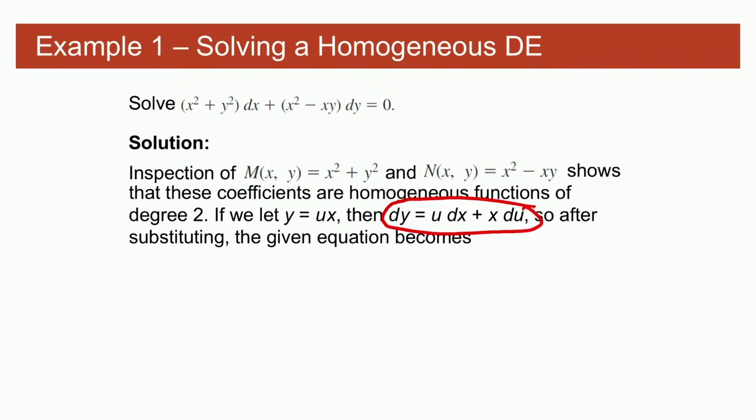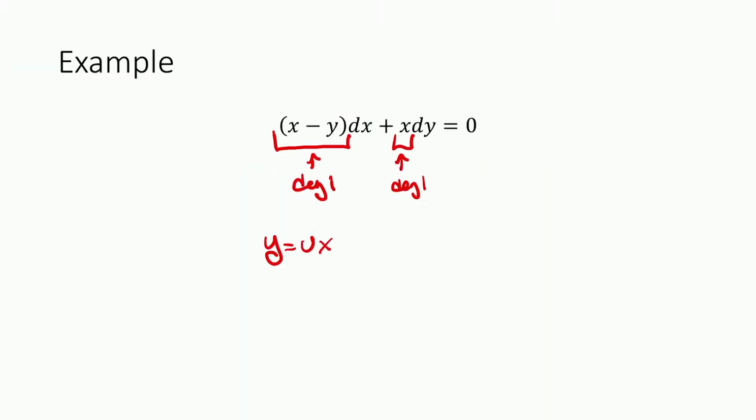Okay, so y is u times x, and we're going to use the chain rule from multivariable calculus, which says that dy is going to be u dx plus x du. Just have to be reminded. So dy is u dx plus x du. Kind of makes sense. Now let's go ahead and make these substitutions and see what happens.